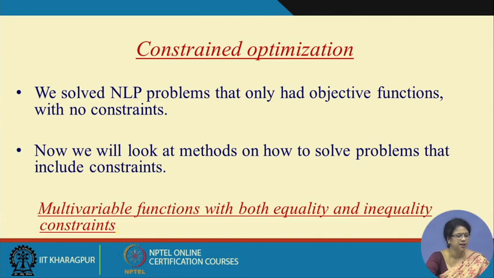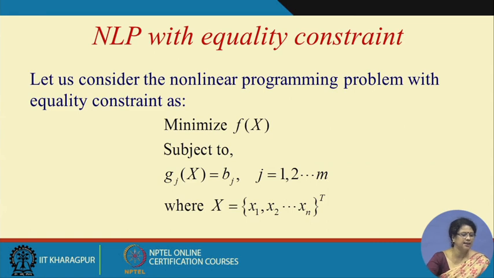That is why we can say the general multivariate nonlinear programming problem, where the variable is defined in Rn, in n dimensions, and there is a set of equality constraints. There are m equality constraints and n variables.